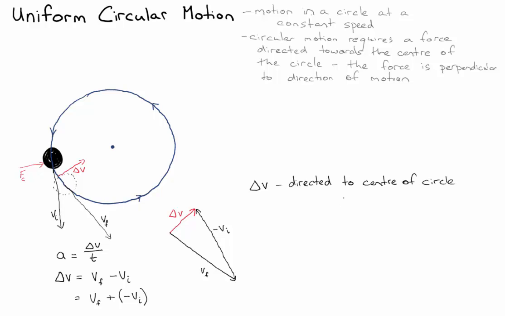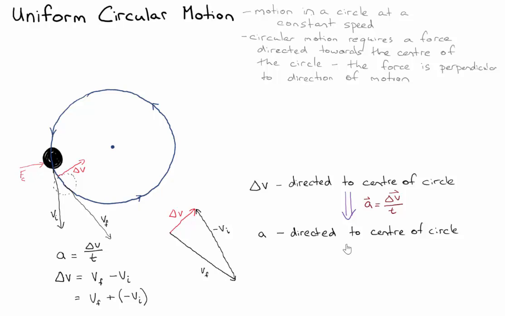So if my change in velocity points towards the center of the circle, that means I can now determine which direction my acceleration is going. Because I know that acceleration is the change in velocity over time, and time is a scalar, it doesn't have a direction. So that means the direction of my acceleration vector is the same as the direction of my change in velocity vector, which means that my acceleration is also directed towards the center of the circle.